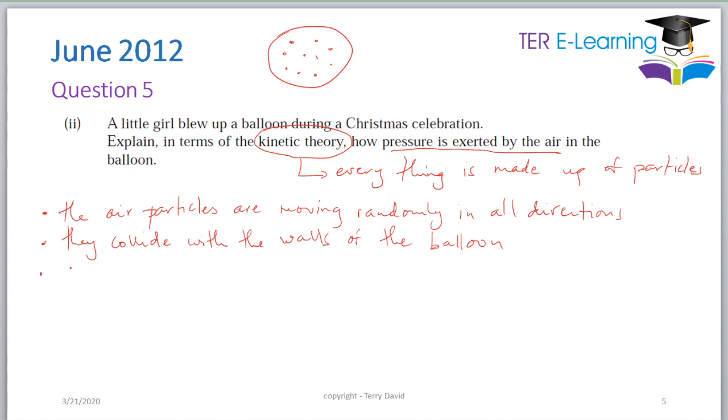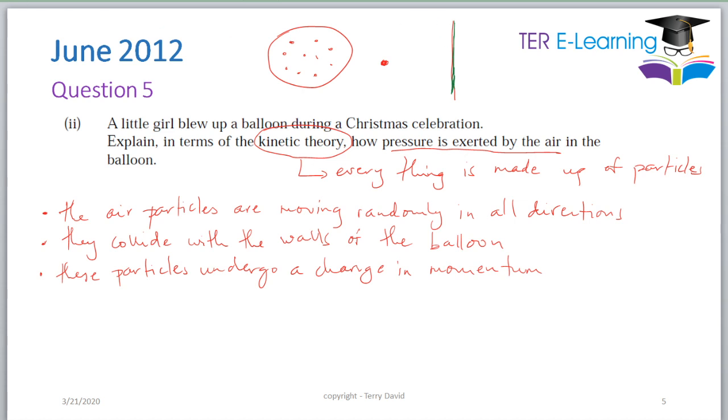Now, these particles undergo a change in momentum. Now, let me show you why. So let's say this was an air particle here. And this here, let me use a different color, is the inner walls of the balloon.